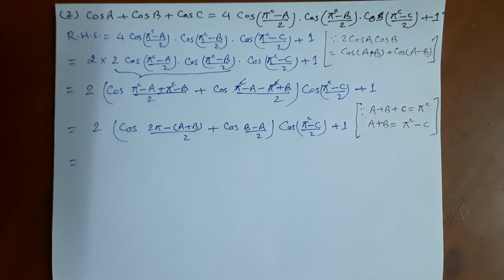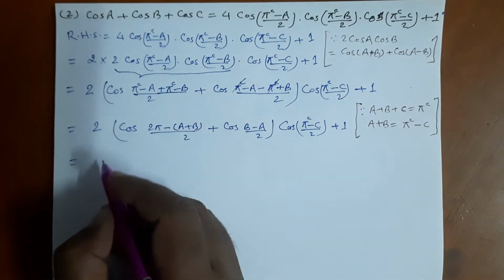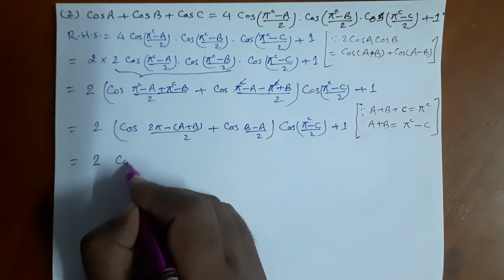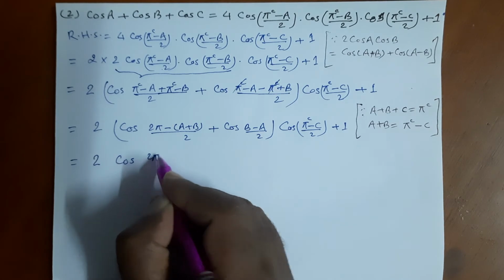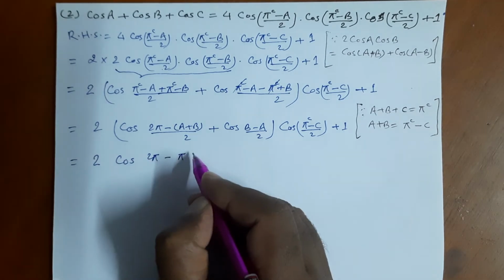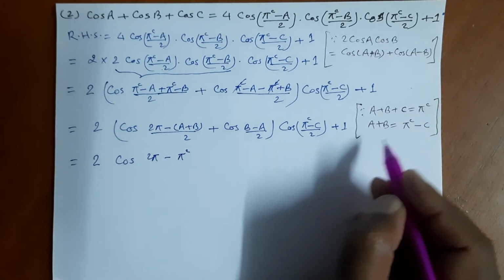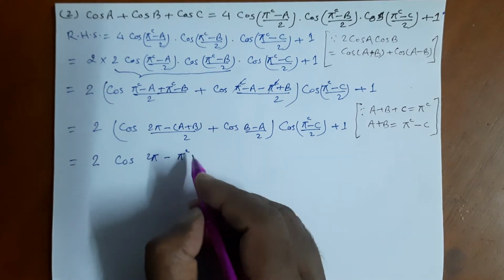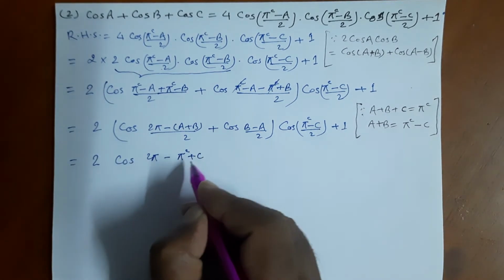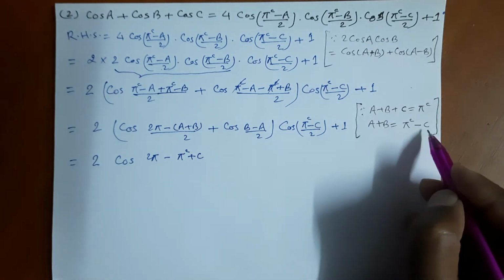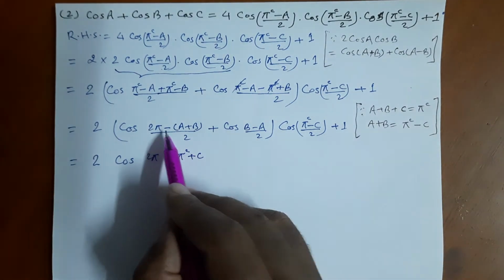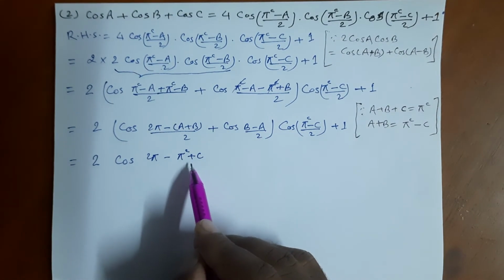Okay, so we can write this as a plus b equal to pi radian minus c, 2 cos 2 pi minus pi radian minus, and this minus will be plus, plus c. In place of a plus b, I have written pi radian minus c. This minus and this minus became plus here.